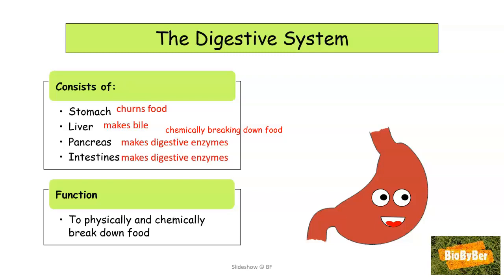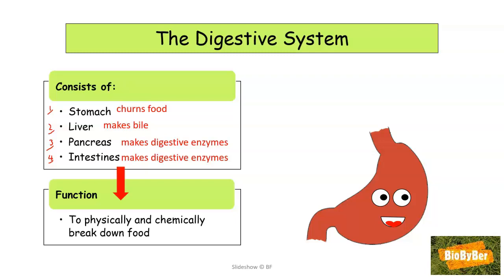Now, all these organs, the stomach, the liver, the pancreas, and the intestines, all work together to physically and chemically break down our food.